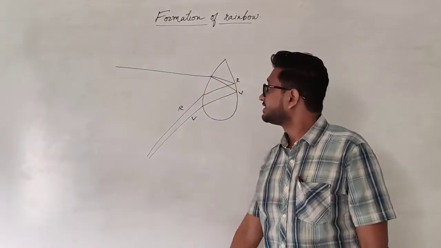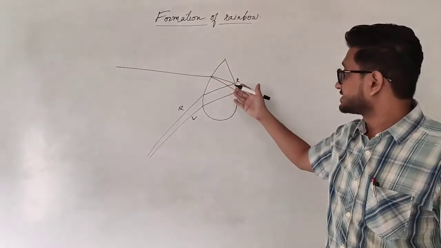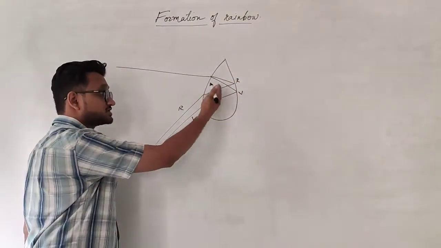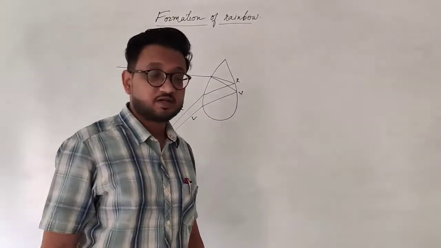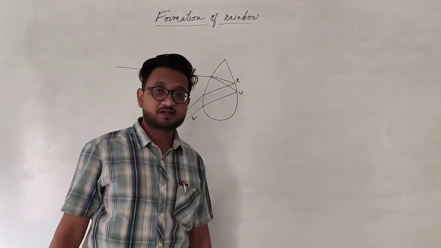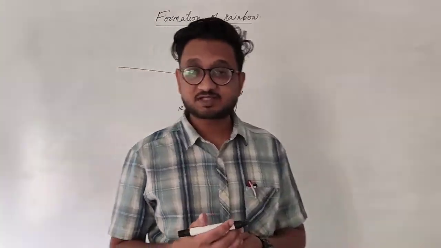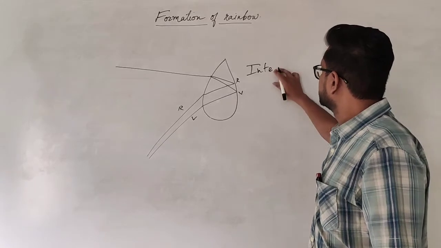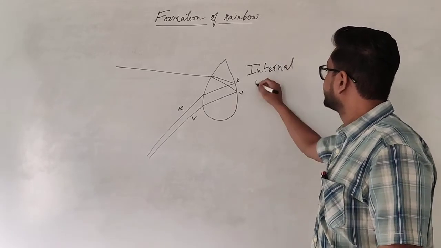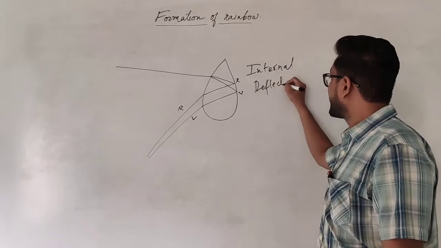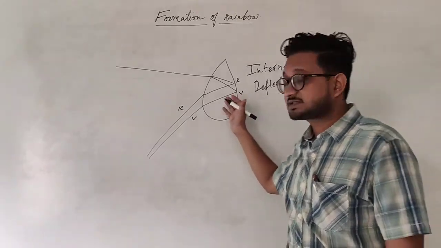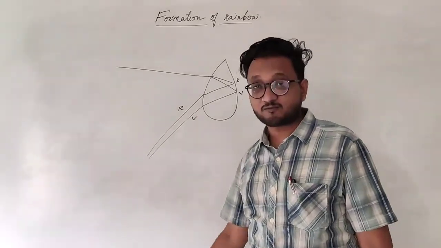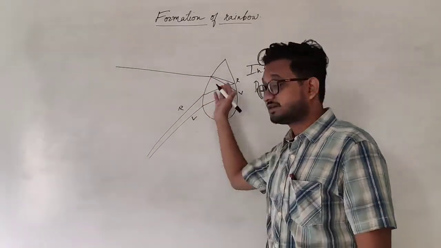So what happens? A beam of white light from the sun enters a water droplet. Inside it gets dispersed into all of its 7 colors. On the other side of the water droplet, internal reflection takes place, and then all the colors are emerging from the same side of the water droplet from where the white light entered.